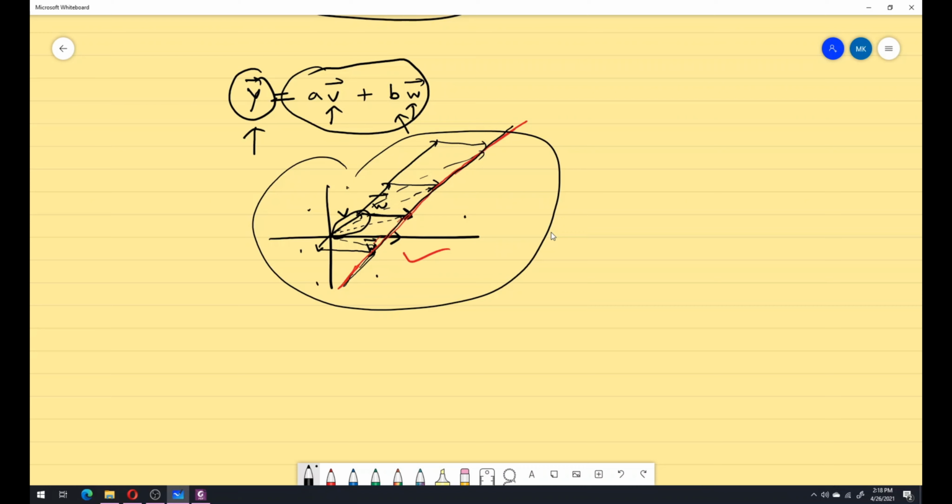I can reach any part of the 2D coordinate system if I let both of the vectors move freely.